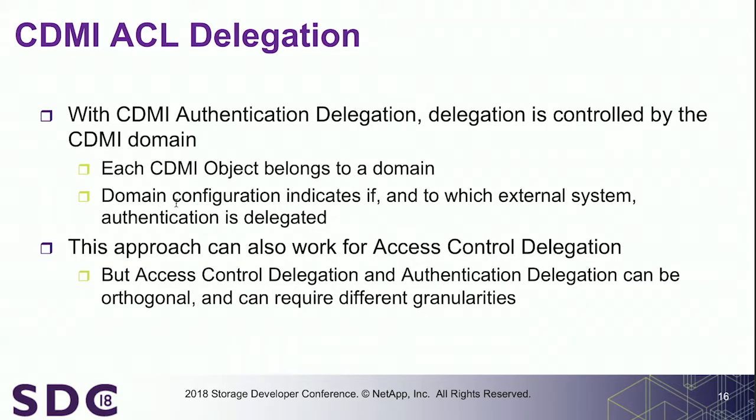So there's two different ways you can do this in CDMI. In CDMI, when we talk about authentication, delegating out to Active Directory, we use the concept of a domain. In CDMI, every object belongs to one domain, and that determines who you delegate to for your identity.